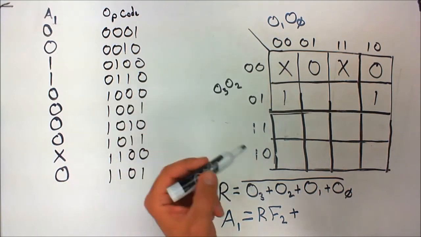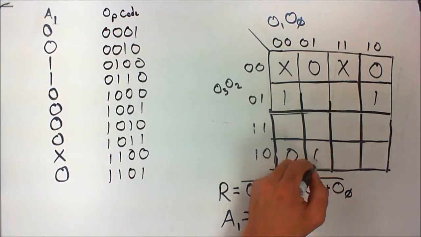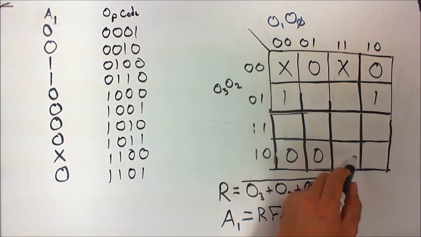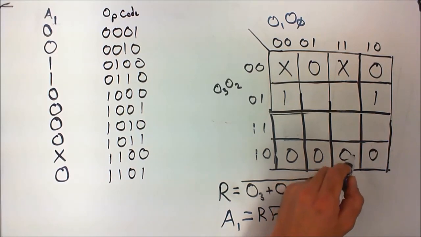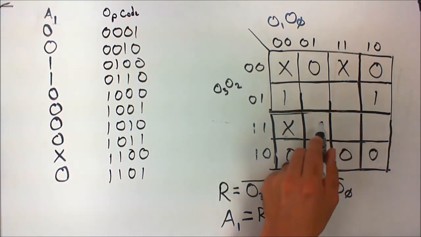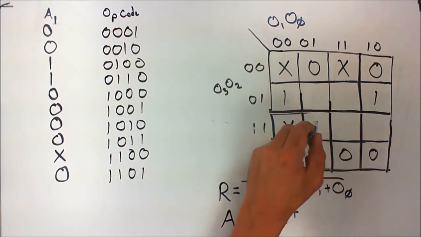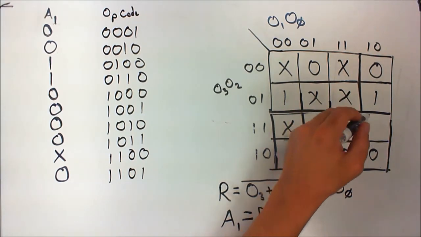Then 1000 is a 0. 1001 is a 0. 1010 is a 0. 1011 is a 0. 1100, don't care. 1101 is a 0, and everything else is don't cares.